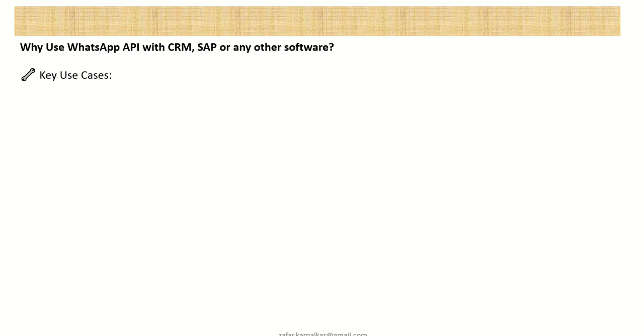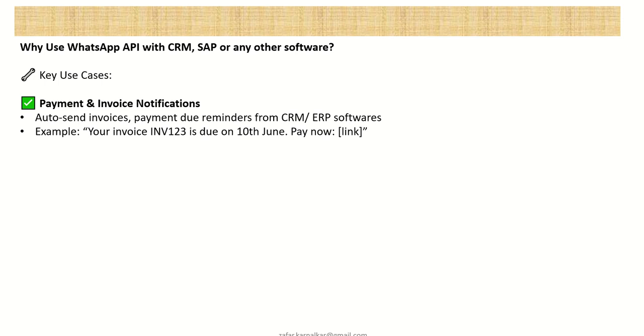So why use the API with CRM, ERP like SAP or any other software? Let's see the key use cases where we can make use of WhatsApp API. Suppose we are running a system where we need to send payment and invoice notifications.